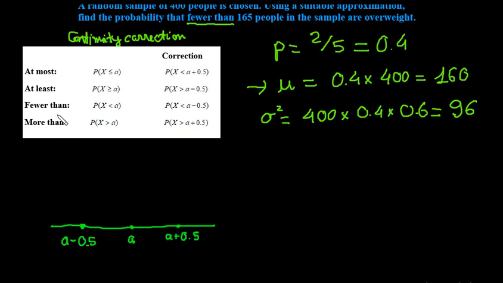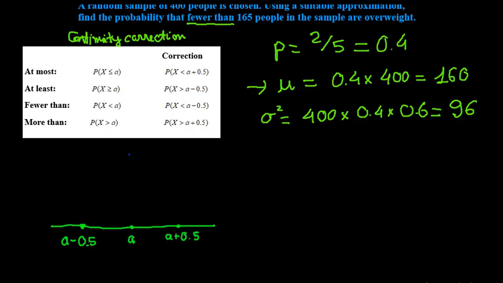If I have the words fewer than, it means I have values smaller than a. So my correction is that if my value is smaller than a minus 0.5, it can ensure that all my values are smaller than a.